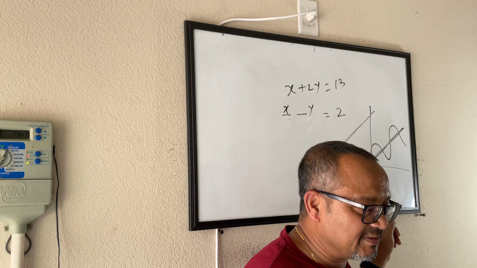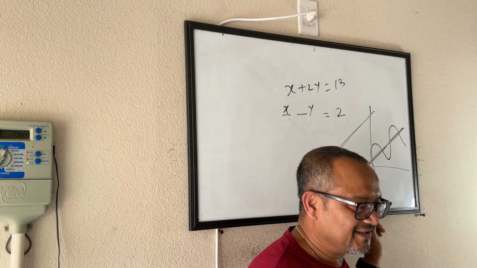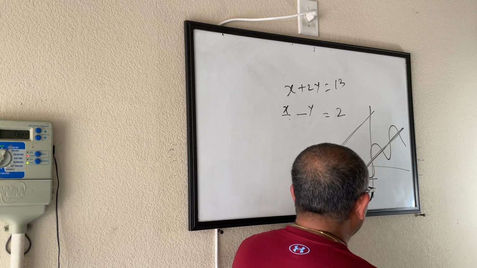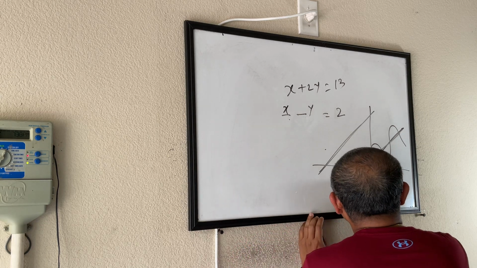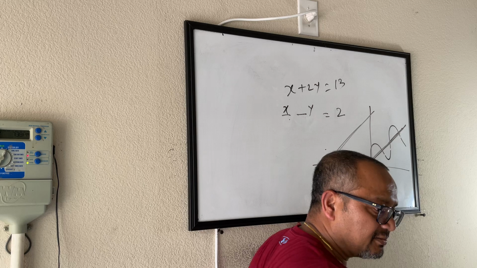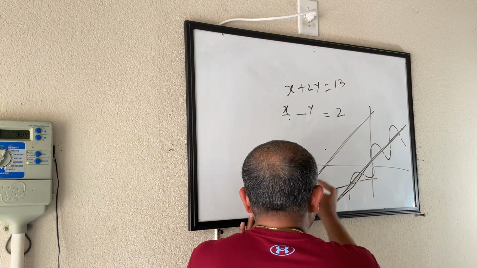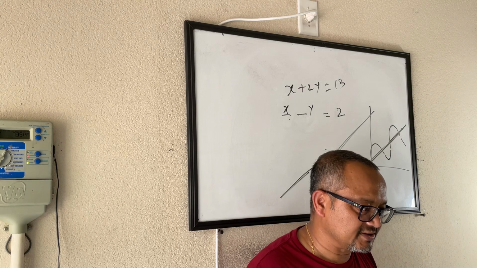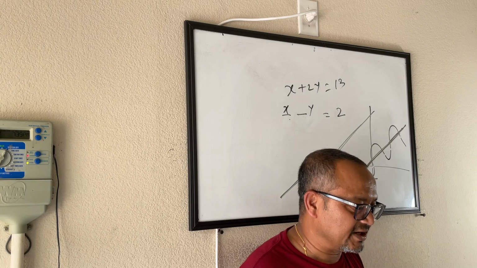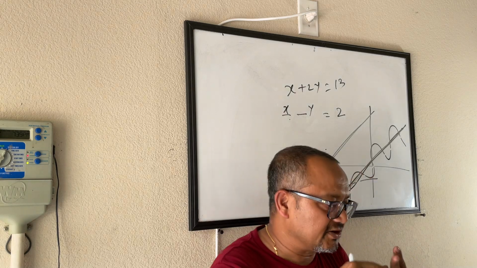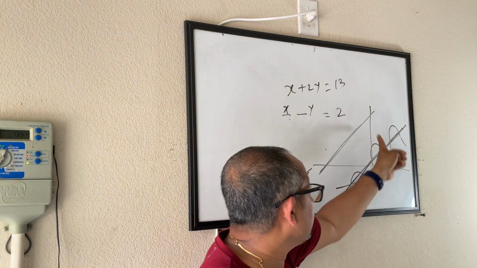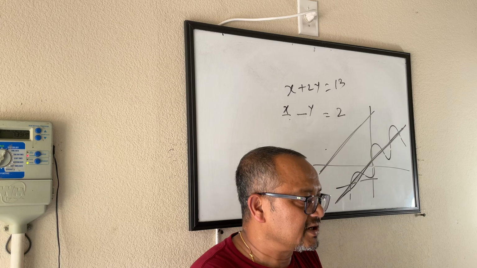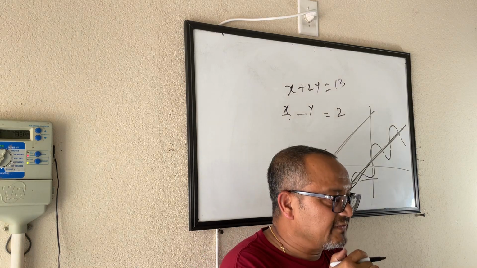A line can only either intersect at one point or overlay another line completely. And as soon as you overlay, you cannot just count the number of points. That's why I'm saying it's infinite. So there are three scenarios: two lines meeting at one place, two lines not meeting at all, and two lines meeting at infinite points.